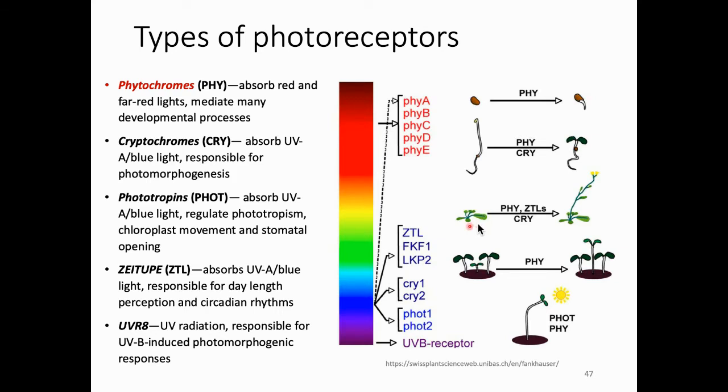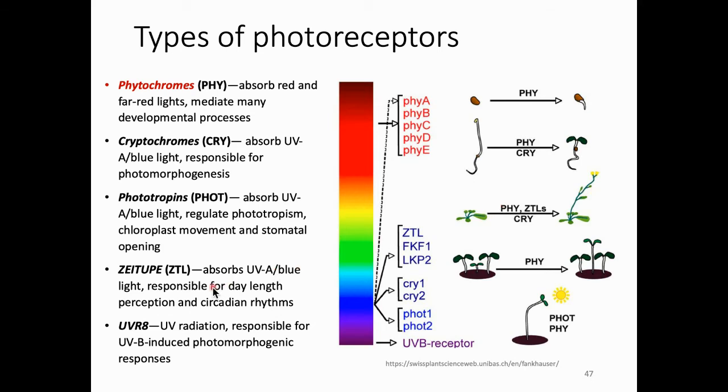Together with phytochrome and cryptochrome, another one, cytlope, is a photoreceptor that absorbs UVA and blue light. Together, they respond to flowering of the plants. The plants respond to light in order to give flowers.